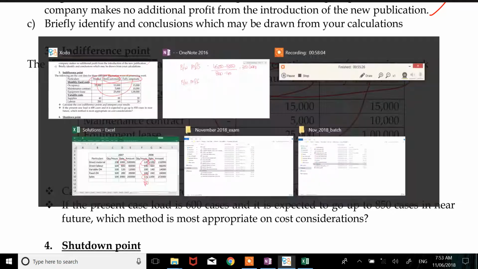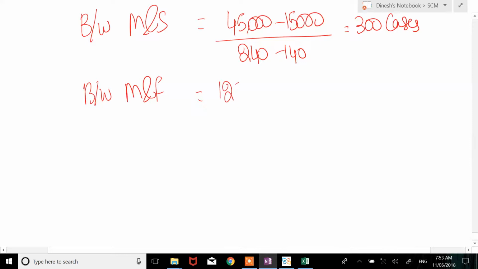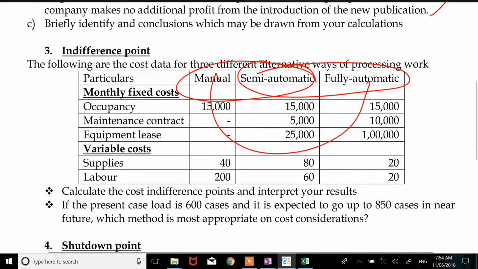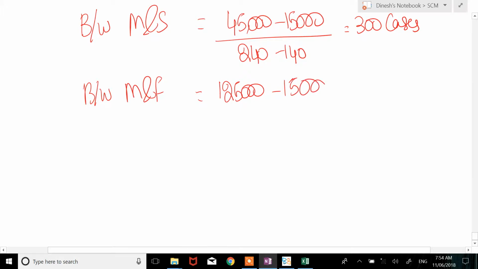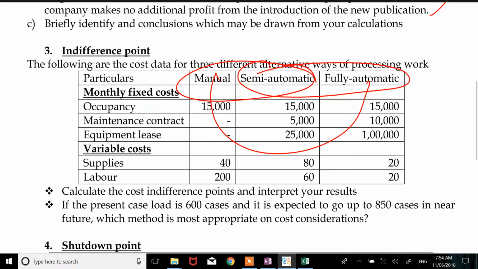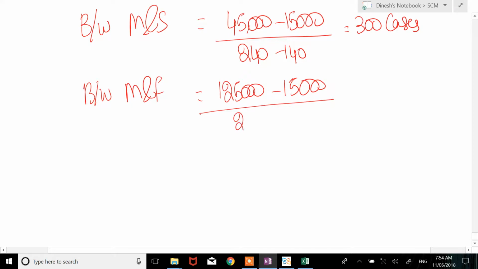The cost is 125, minus 15, I am done, manual and fully: minus 15 divided by 240 minus 40, 550 cases.